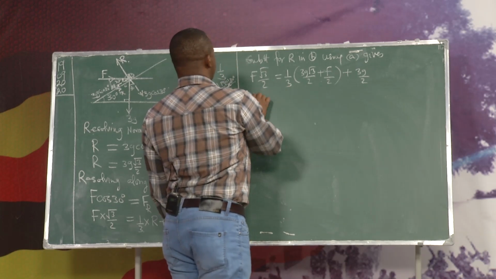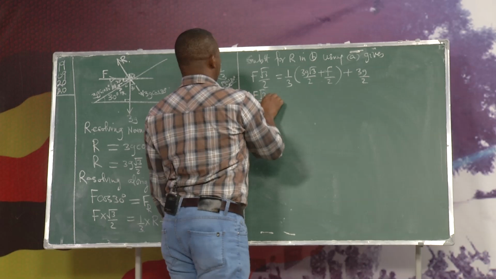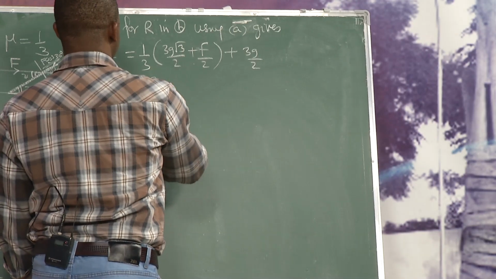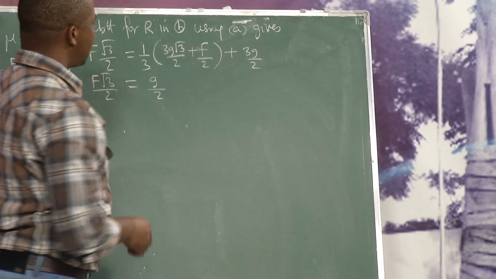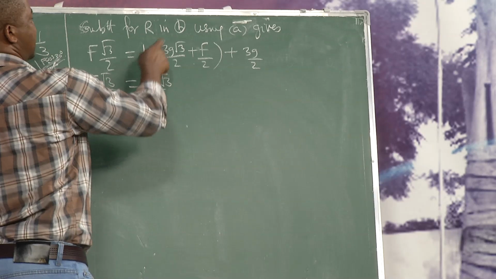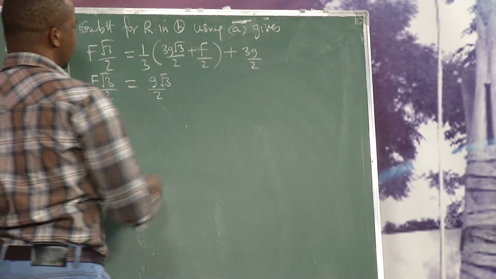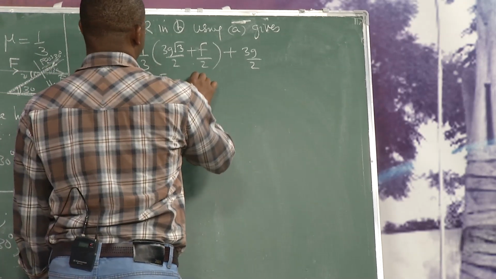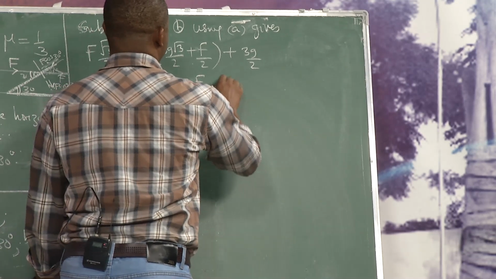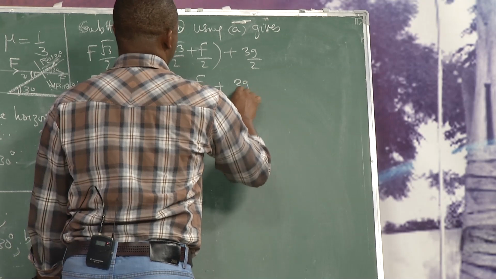So our F root 3 over 2 is going to be equal to g over 2 root 3. This 3 will cancel, plus F over 6 plus 3g over 2.